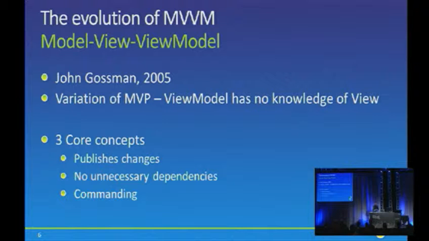I believe MVVM should remove the need for unnecessary dependencies. Now, inevitably, there will be dependencies within your code. Things will depend on other things. We can minimize that with MVVM.